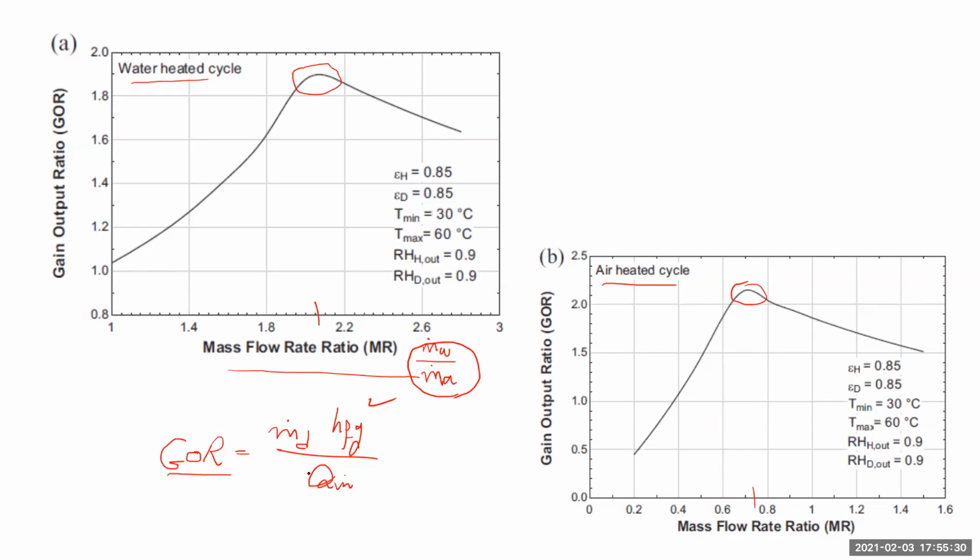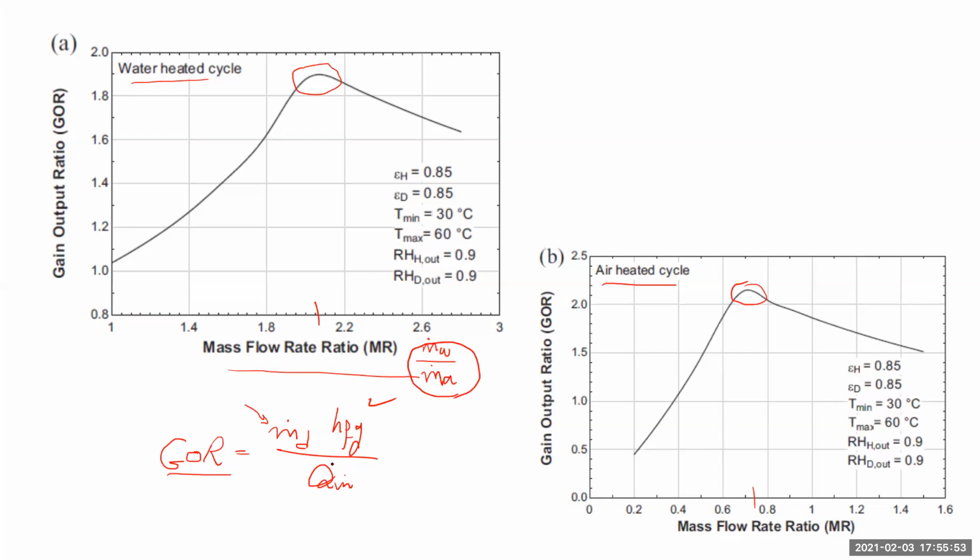Let's get back to the thought example that I was talking about a while ago. If we have constant flow rate of the air and you are increasing the water more and more, as long as air is able to carry water vapor, it's fine. It means that m dot is going to increase. So the GOR increases.